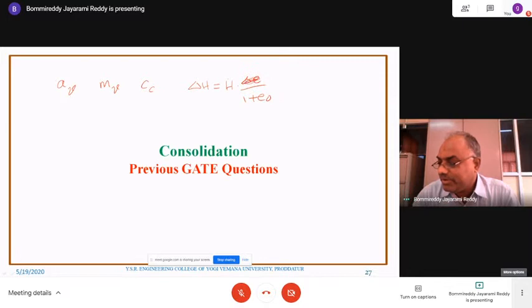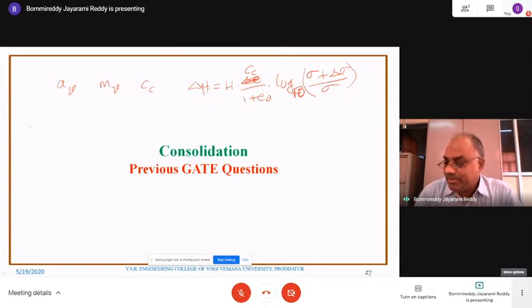Sorry, delta H will be equal to CC by 1 plus E naught into log base 10 of sigma plus delta sigma divided by sigma. This is the consolidation settlement.